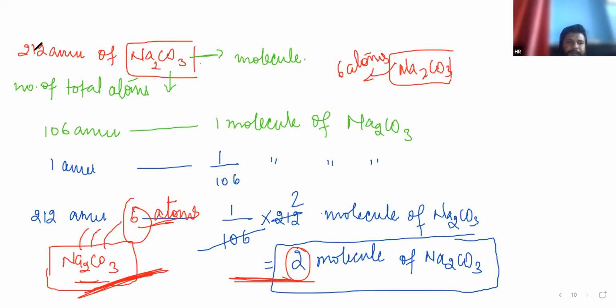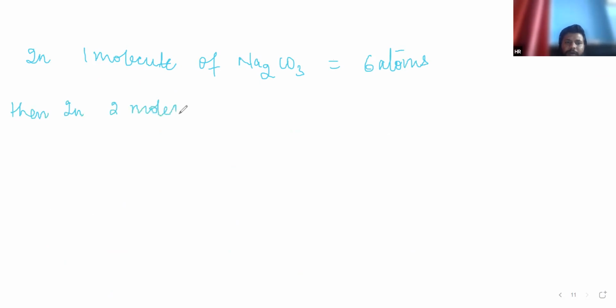Arsalan, in one molecule of Na2CO3 there are 6 atoms, then in two molecules of Na2CO3, you are confused about what?